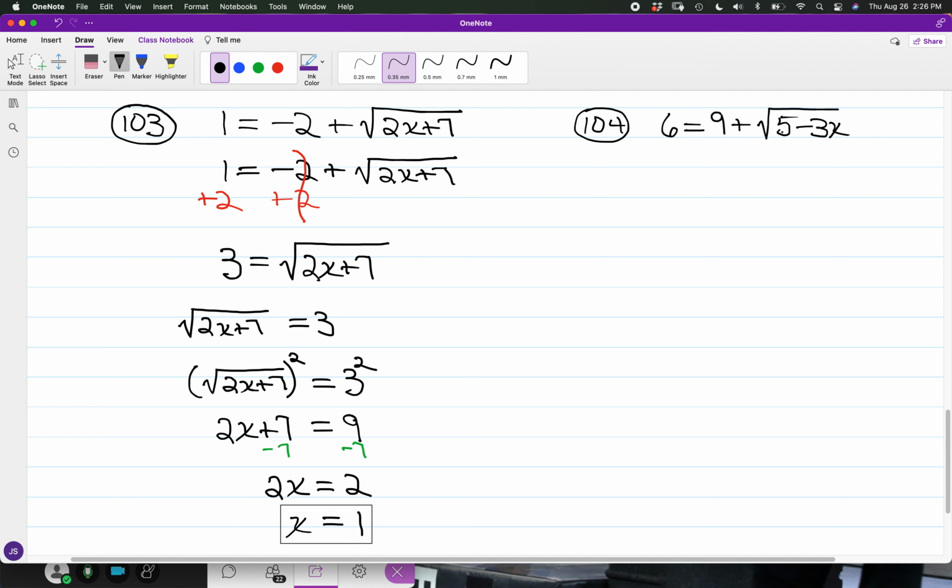So we have the setup in 104 like 103: you have the constant by itself on the left, and the radical term following the constant on the right hand side.